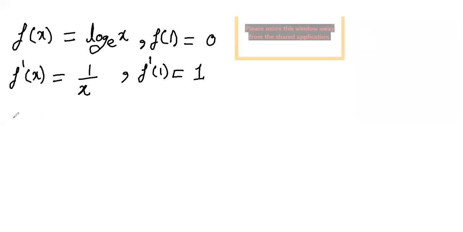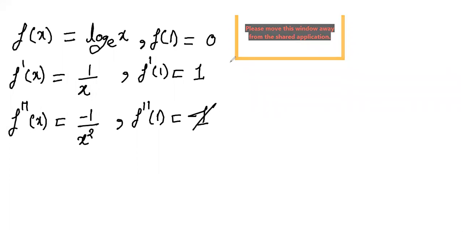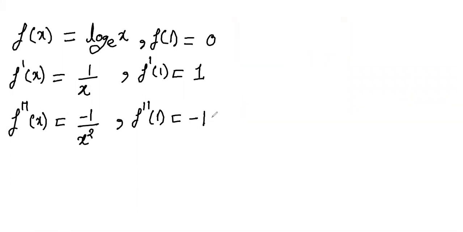Now f double dash x is minus 1 upon x square, so f double dash 1 is minus 1.